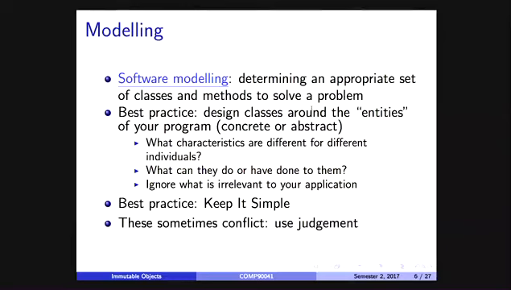So what we do when we design software is we try to understand the problem we're solving in terms of what are the things and what are the things that happen to those things. What's the data and what's the code? What are the objects and what are the operations? And object-oriented programming is designed essentially to address that problem. And that's why, by the way, a class contains both code and data.